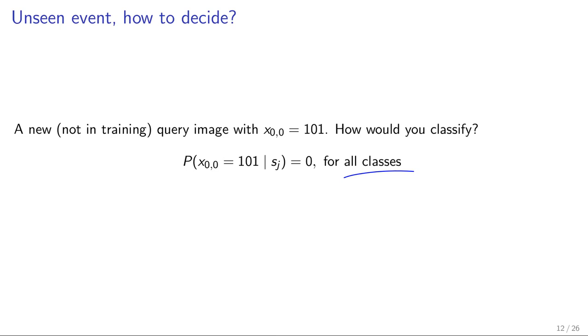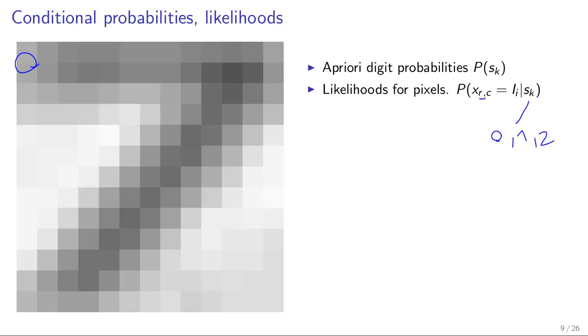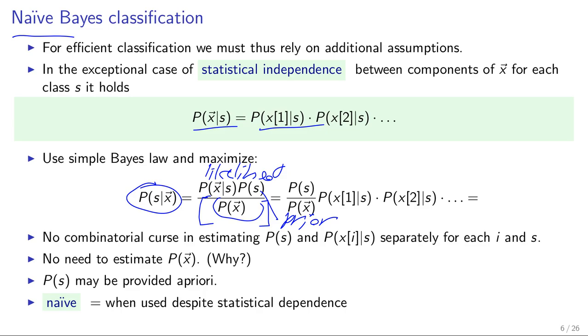If we go back to our formula, so this is one particular pixel, right, at a specific coordinate, I don't know, 0, 1. And now for every class, this is going to be a 0, right? So that means that these for every class will be 0, right? And then, taking a max over zeros, we will basically not be able to classify.